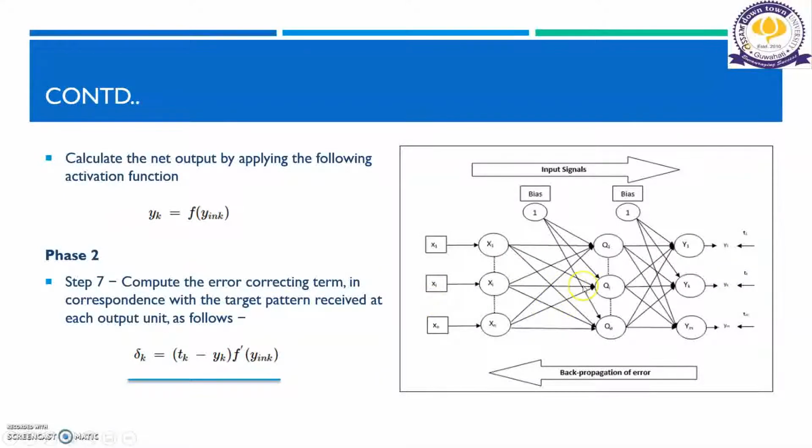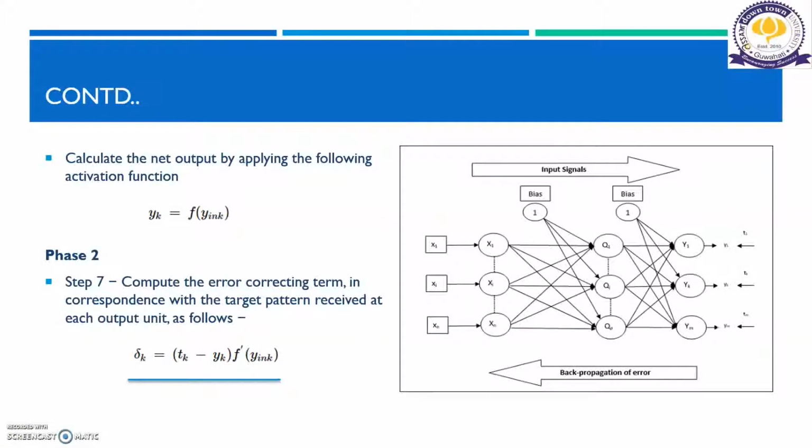After calculating the net input, it will finally generate an output by applying the activation function. Here yk is the generated output by the output layer units.